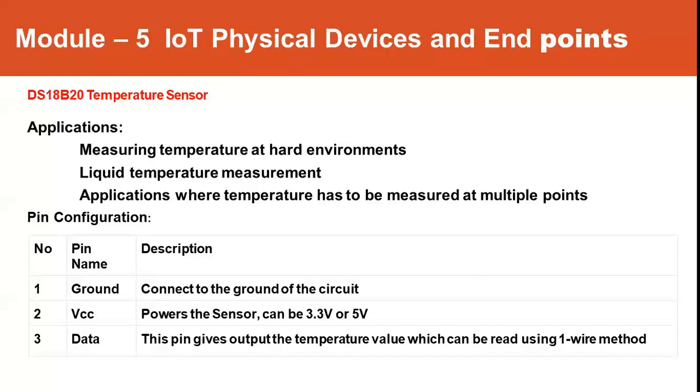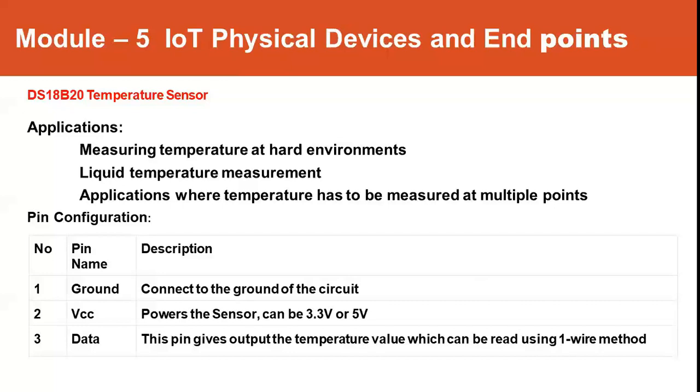And it can also be employed in applications where we need to measure the temperature at multiple points. Which means if you want to measure the temperature in 4 locations, we can connect 4 temperature sensors to the Raspberry board.